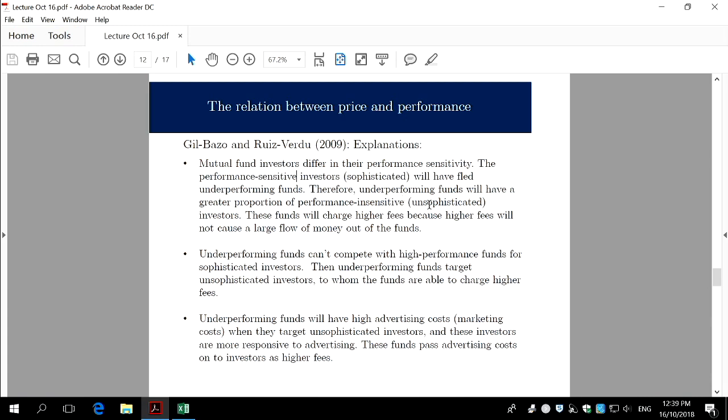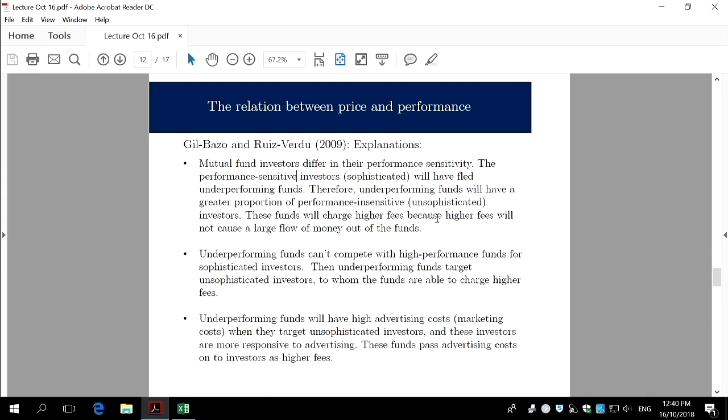Only unsophisticated investors stay with those bad funds. You see that picture? Because all those bad funds have only unsophisticated investors, they will charge higher fees.